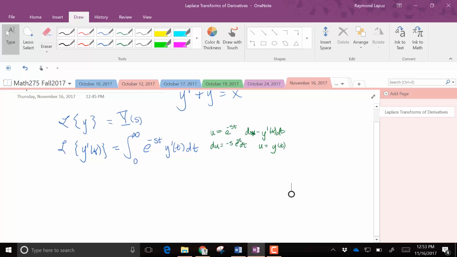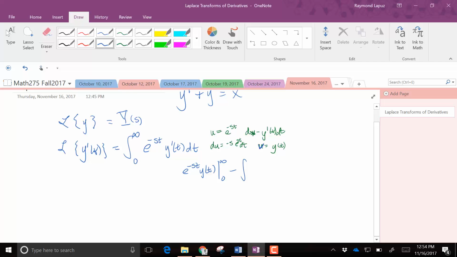All right. So that's the substitution for by parts, and then I'll have e to the minus st y of t from 0 to infinity, and minus the integral of v du.